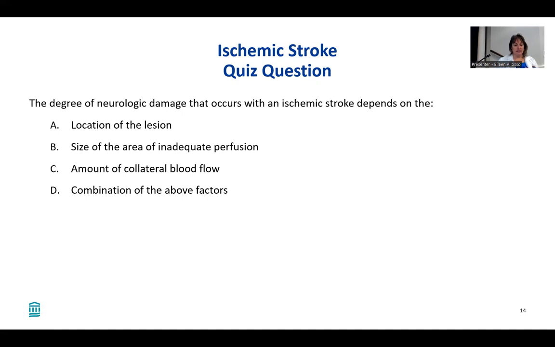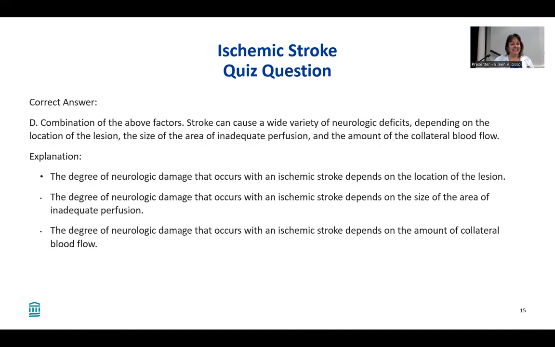The answer is not A this time. It's D. So we know that large vessel strokes, especially where they're occluded and affect almost an entire side of the brain, are going to be very large strokes because the damaged tissue is much more extensive, because a lot more of the circulation has been shut down.